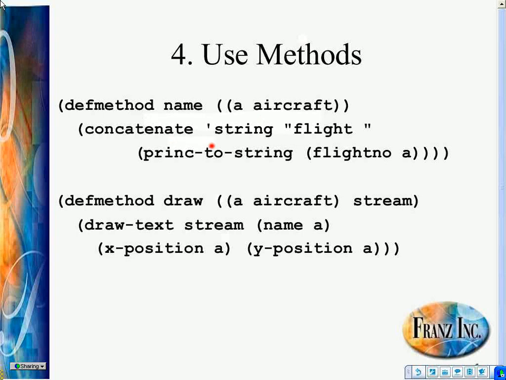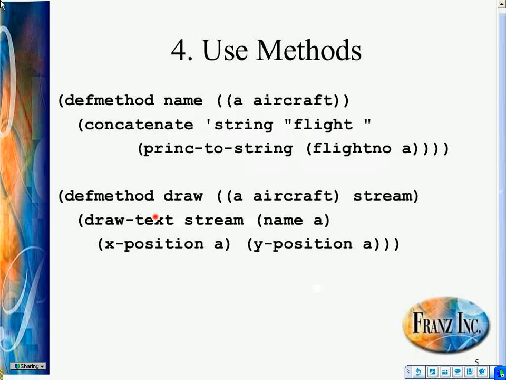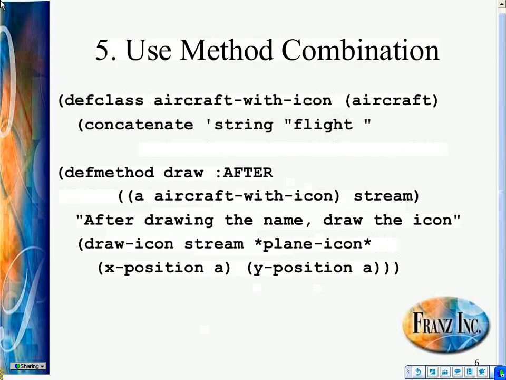And so the name will create flight number, and then access the flight number. The draw will take an aircraft and some stream to draw to, and it will draw the position of the aircraft on that stream. Presumably, the stream is some kind of graph or text graphics window.